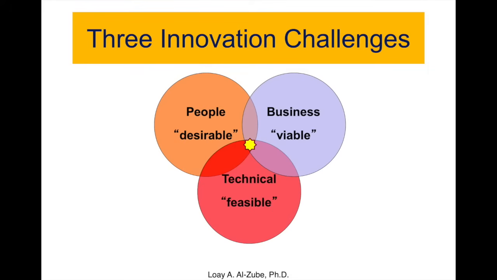In the technical aspect of the whole product design development process, we need to make sure that the technical aspects of the product are feasible. We need to make sure that we are in the middle, or the intersection, of all of these. If we are able to find a desirable product that's viable and feasible, we will be in good shape and we will be successful in our project and task.